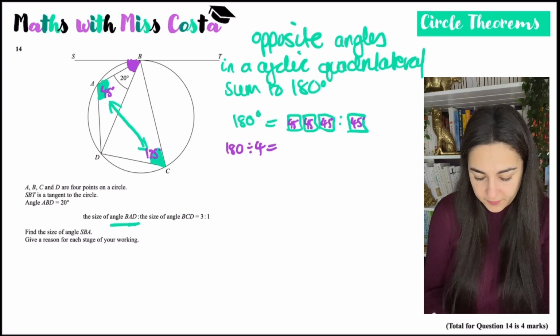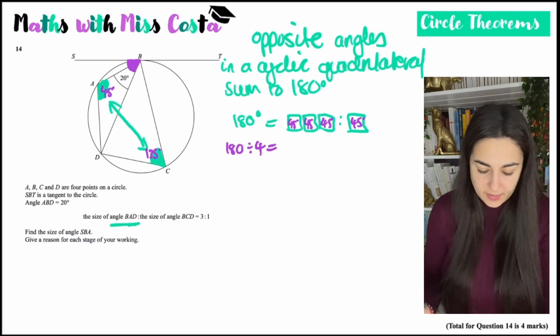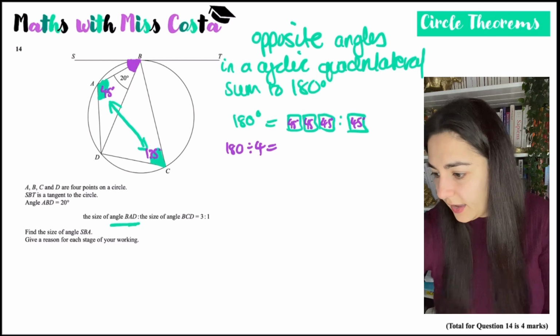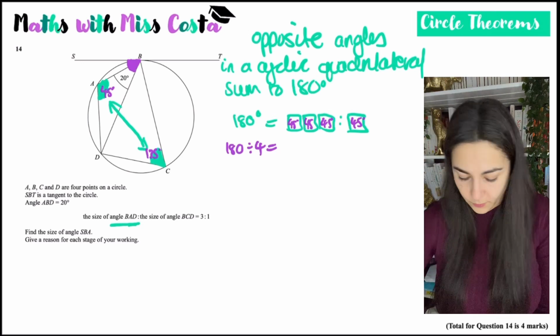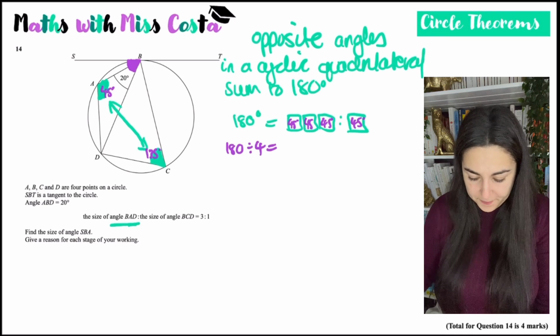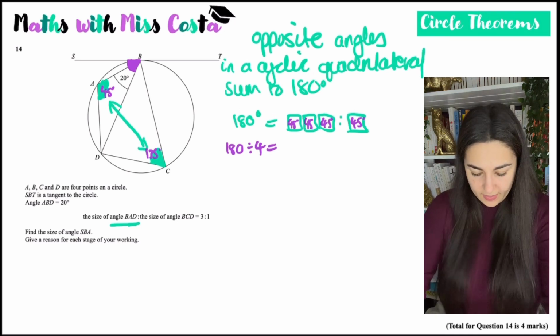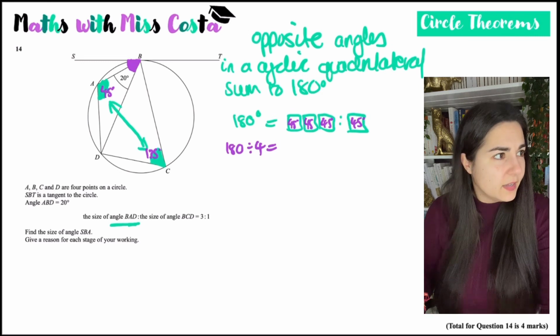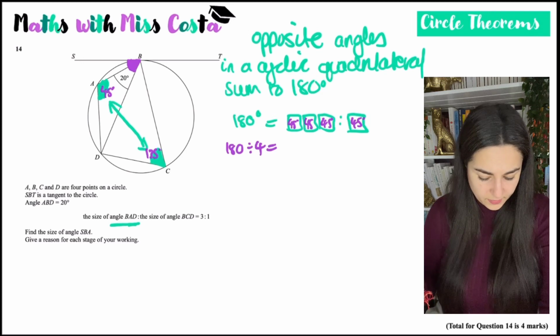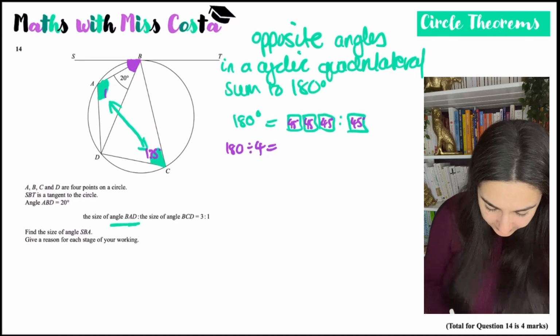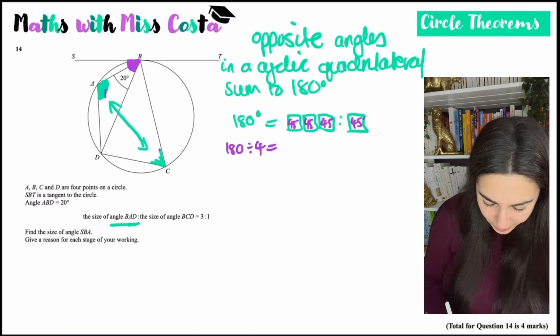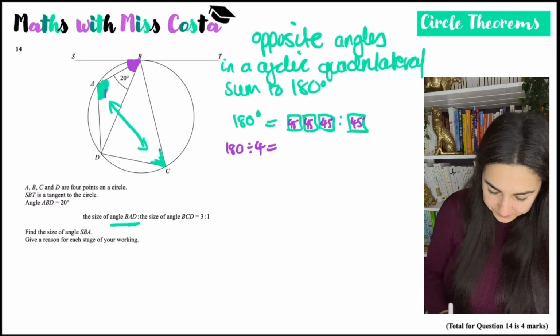We know that part of it is 20 degrees, and we know that the other part is here. Using the alternate segment theorem. Oh, I thought I'd done that wrong. Okay, so it's 3 to 1. So hold on, sorry, it's the other way around.